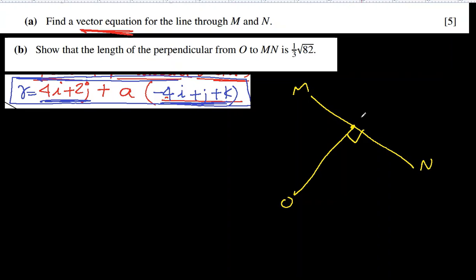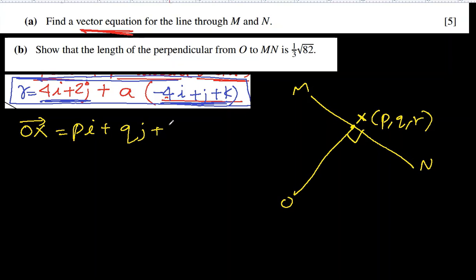Let's call this point X, and its coordinates as p, q, r. All right. So the position vector OX will be pi plus qj plus rk, right?